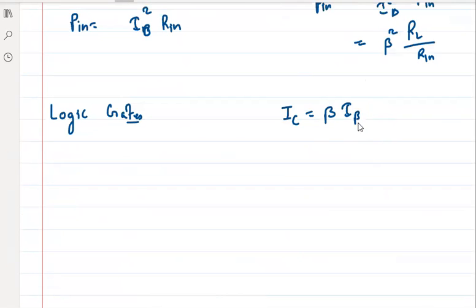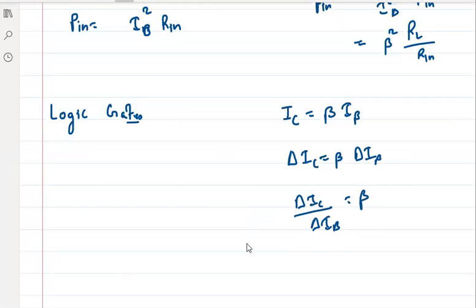Beta is a constant. So if I want to find the change, delta IC is equal to beta into delta IB. So delta IC by delta IB is nothing but beta.